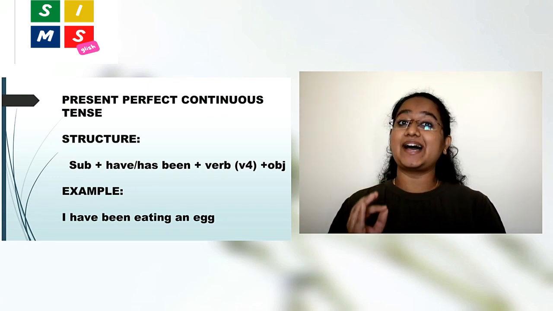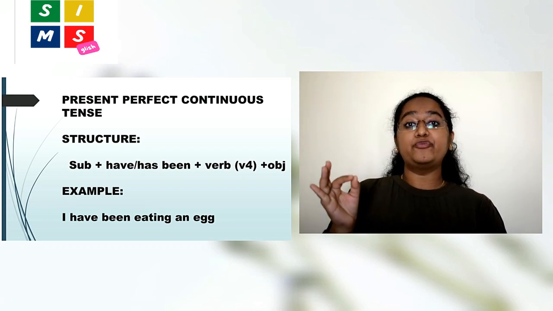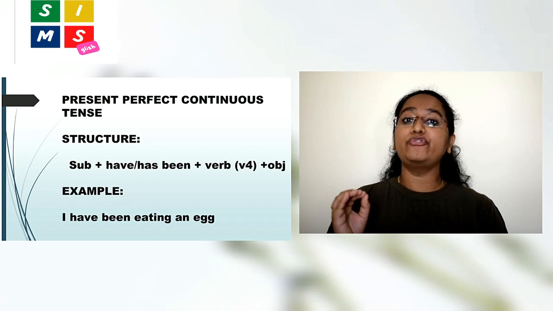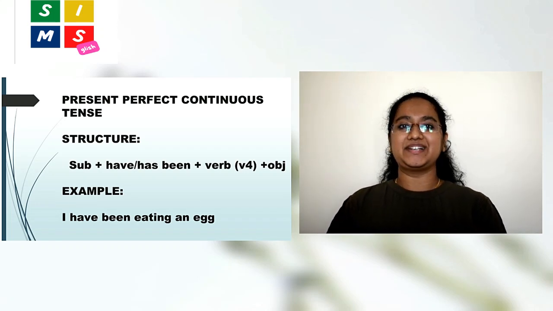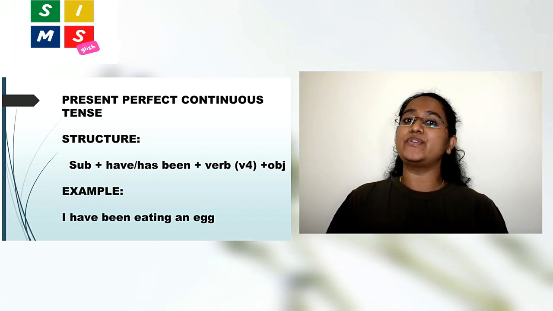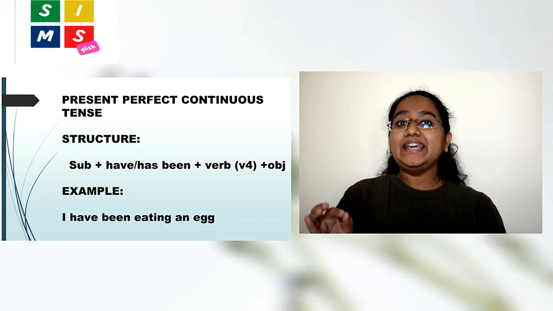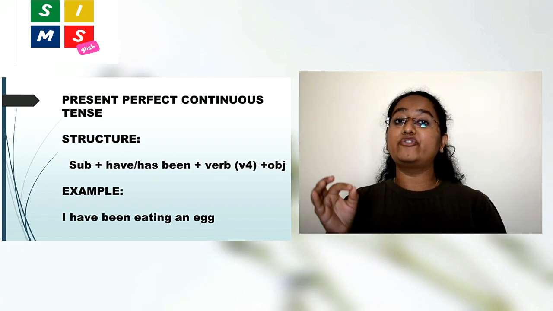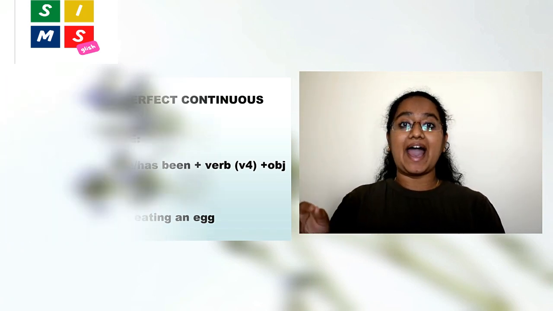And the example can be written as I have been eating an egg. Now, you have got an idea about the present tenses, right?